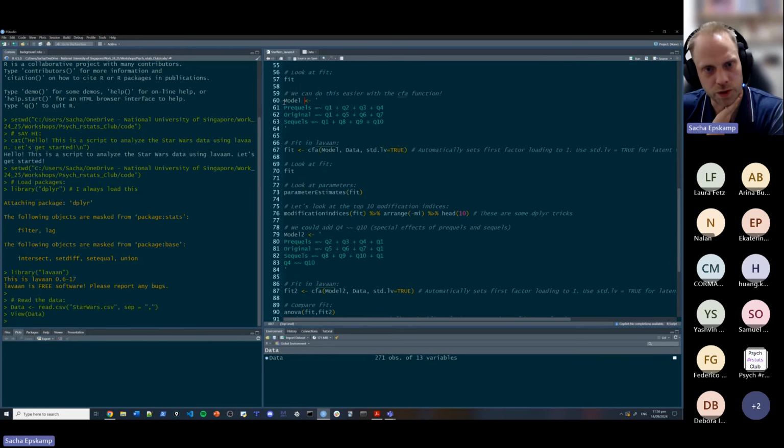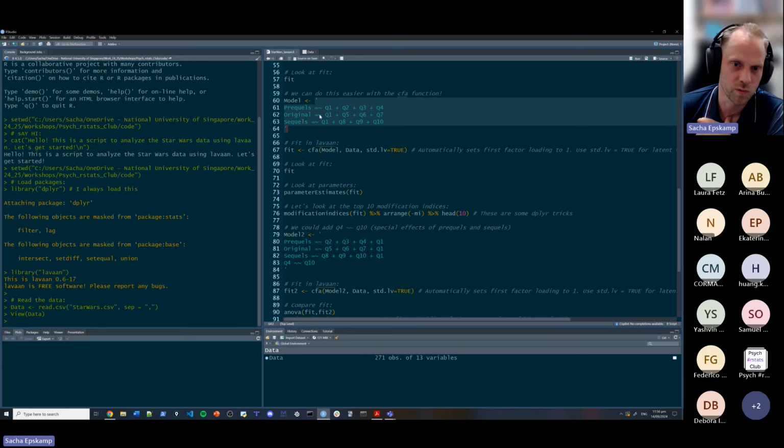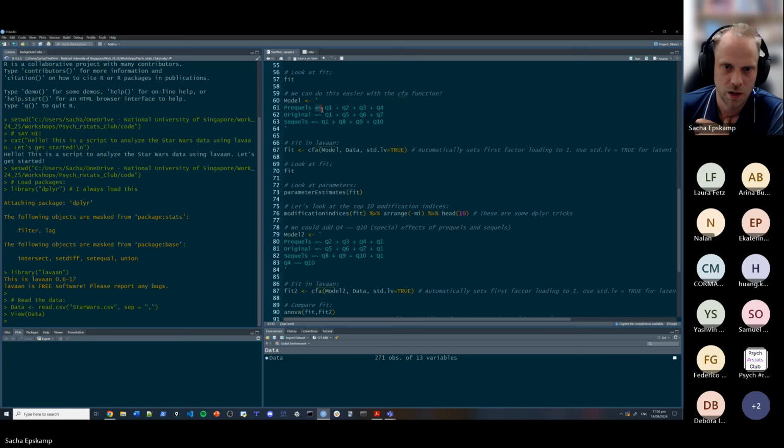So here I have the model. This says "is indicated by". You see that this is a similar syntax to lm in R, but we have to specify it as a character string because it's a more detailed model. This "is indicated by" defines a latent variable.